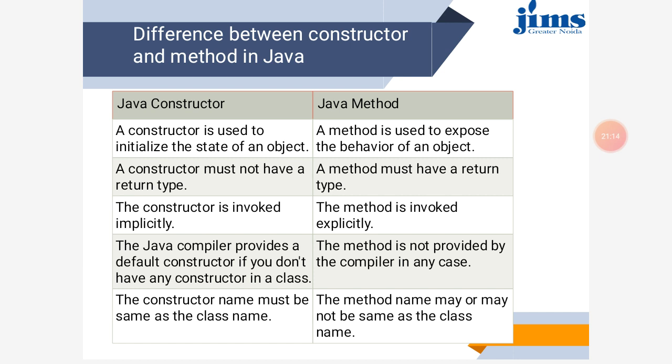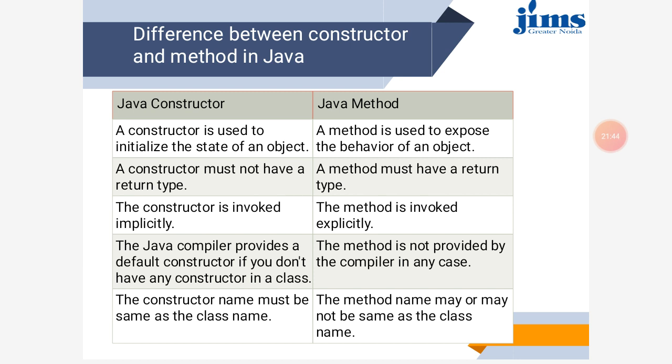The constructor is invoked implicitly, while creating your object, it is called implicitly, and a method you will have to call explicitly. And how do we call this? With the help of object dot method name. The Java compiler provides a default constructor if you don't have any constructor in a class.